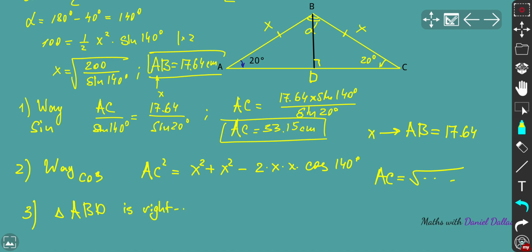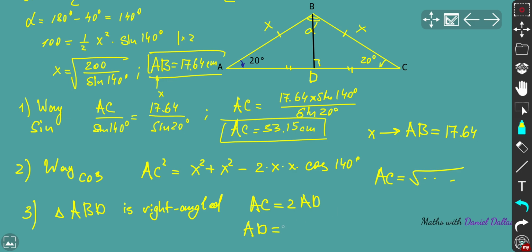If we do so, we can apply basic trigonometry. So AC is simply double AD.